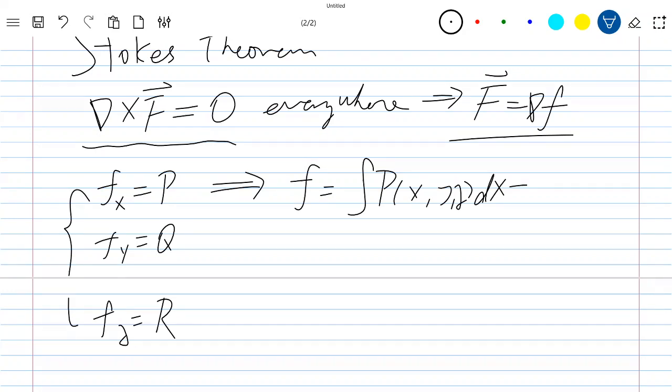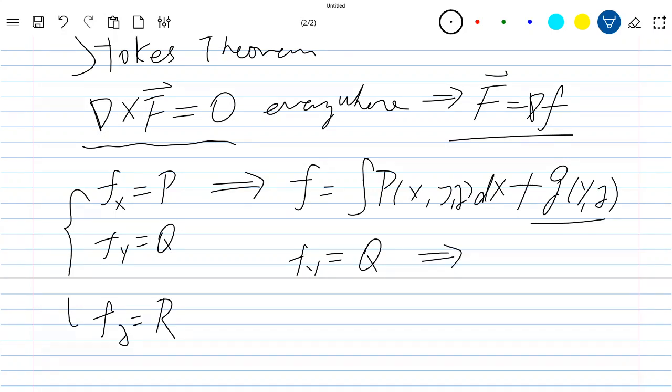So the result will have an arbitrary function g of y and z, because that g wouldn't affect the x derivative. But how do we determine this g? You plug this f into the second equation, take the y derivative, then you'll get something about g, and you will figure out what that is.